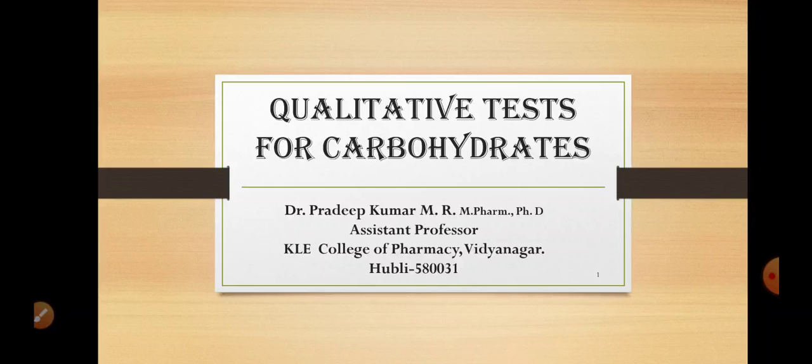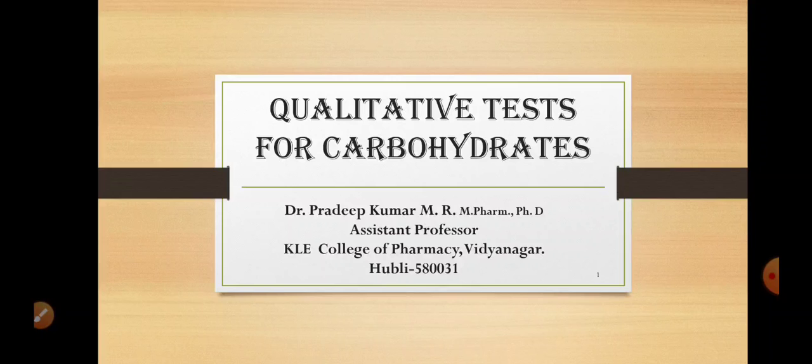Along with that, we will see the observation and the inference for that test. Also, to support that, I will be showing you images of the color or the precipitate formed in that test.